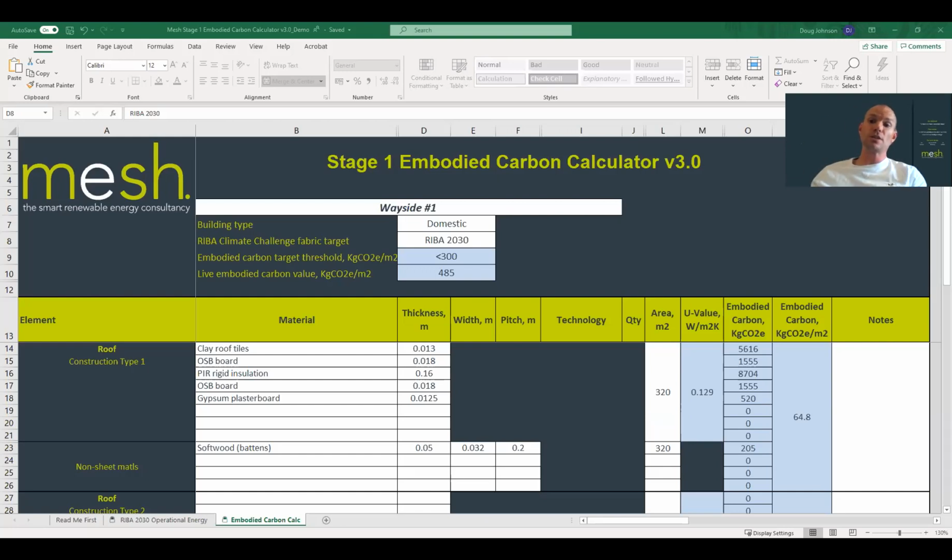And we actually use that global warming potential data from the professional One Click LCA software to give you the most accurate numbers possible, even at this early stage.